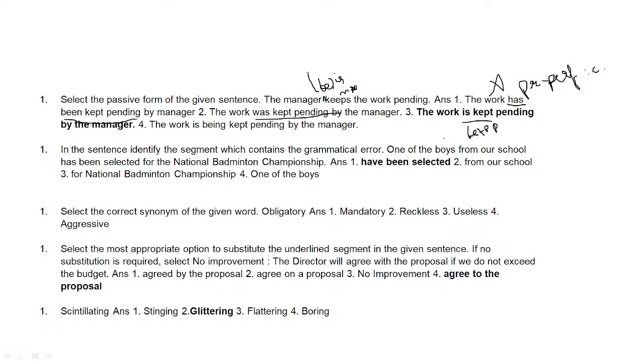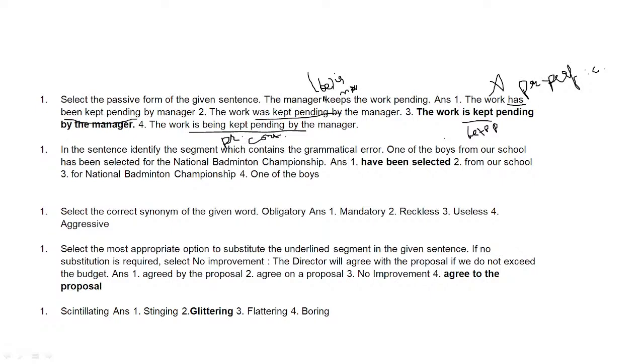And this one, our answer is be plus the past participle form of keep. So the basic tense is that the work is being kept pending. Okay, so this is now present continuous.